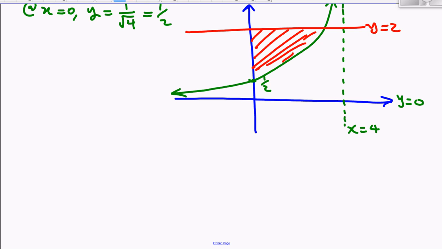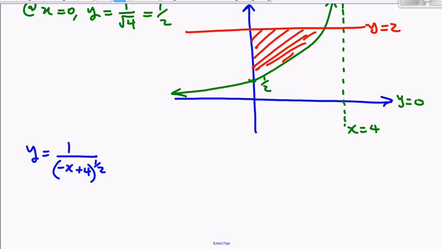Actually, before we find the area, let's make x the subject of the formula. Now we know that y is equal to 1 over negative x plus 4, to the power of a half.